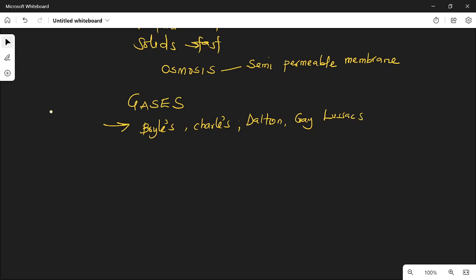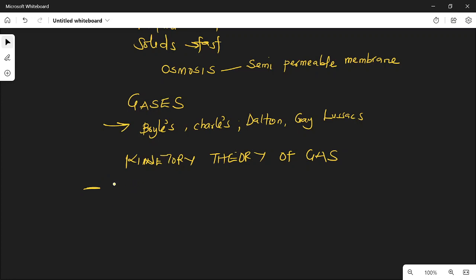They are the ones that studied all these gases and came up with an assumption or a theory. So we call it the kinetic theory of gas. All these scientists worked on gas, researched on it and came up with some kinetic theory.